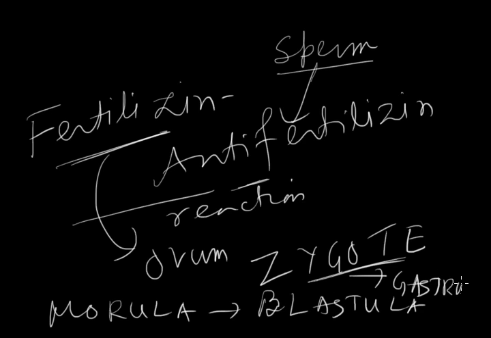Later, organogenesis starts to complete the gradual development of the entire human baby within the mother's tract, followed by a very important development, that is the placenta.